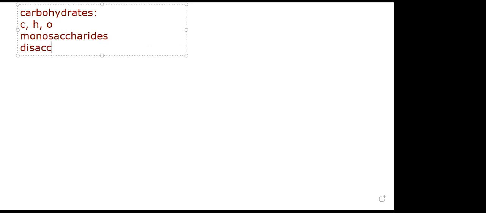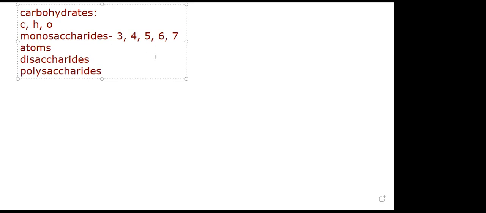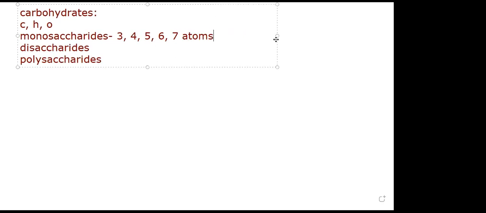Monosaccharides, disaccharides, polysaccharides: three different varieties are observed. Monosaccharides are made up of 3, 4, 5, 6, or 7 carbon atoms. Trioses have 3 carbons, tetroses 4 carbons, pentoses 5 carbons, hexoses 6 carbons, and heptoses 7 carbons.